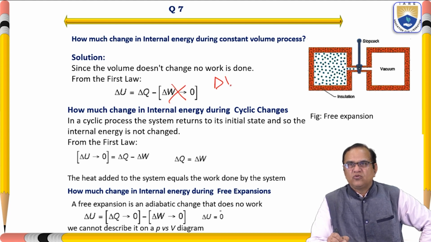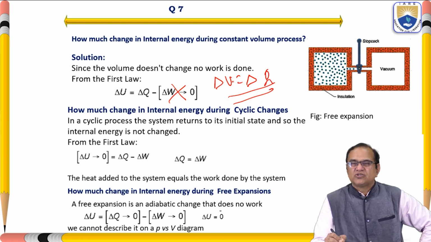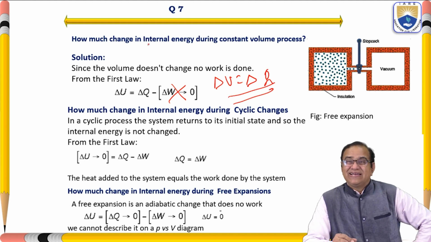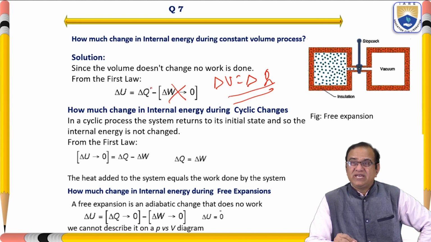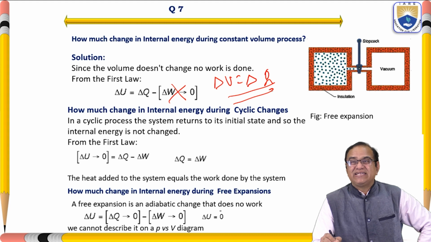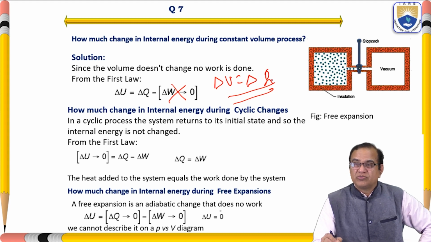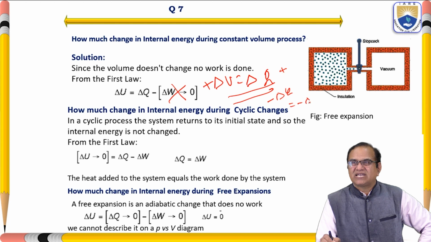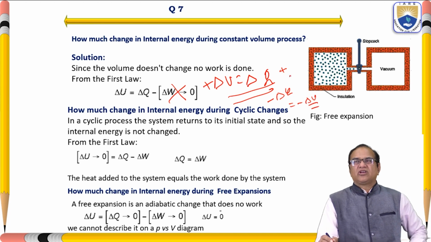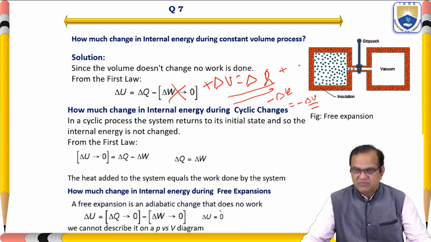So delta U will be equal to delta Q. So the change in internal energy at constant volume will be equal to the heat added or heat removed. If it is added, it is positive, and this will also be positive. If it is removed, minus delta Q, so minus delta U will be there. So added or removed, the things will be the same.